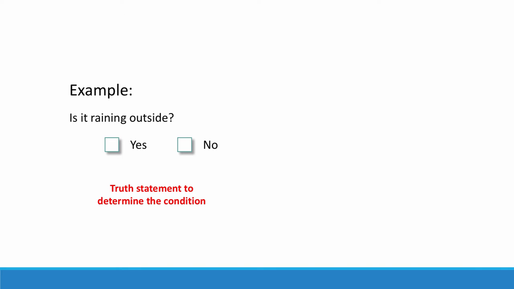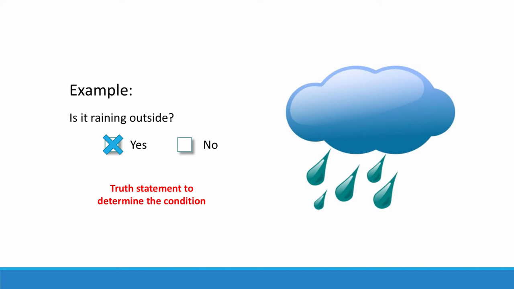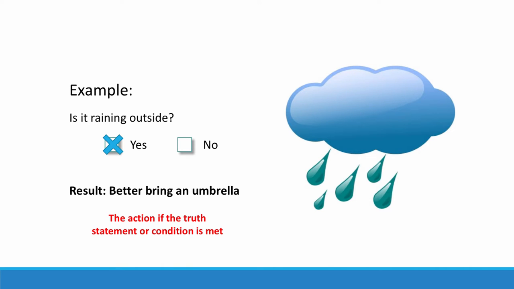Otherwise, it's false. So we're going to say, is it raining outside? And we are going to say that yes. So if it is raining outside, meaning that's a true statement, then we take an action or run a piece of code and say, better bring an umbrella. This would be an example of a very basic if statement.